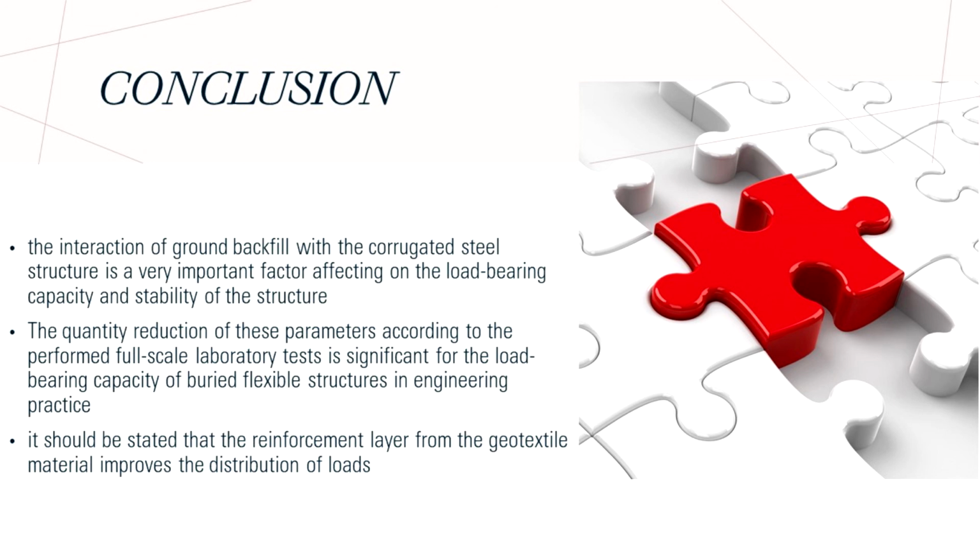Second, the quantity reduction of the third parameter according to the full-scale laboratory test is significant for the load bearing capacity of the flexible structure in engineering practice. The reinforcement layer from the geotextile material improves the distribution of the load.